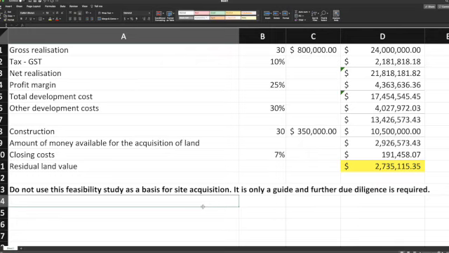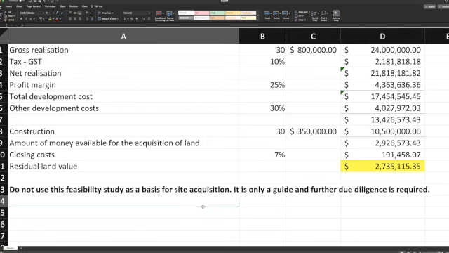There are 3 forms of feasibility, but what this feasibility does allow you to do is very quickly assess how much you might be able to pay for a site, in this case, 2.735 million, approximately. And if land values in the area that you're looking at are less than that, then this could potentially be a profitable development site for you.